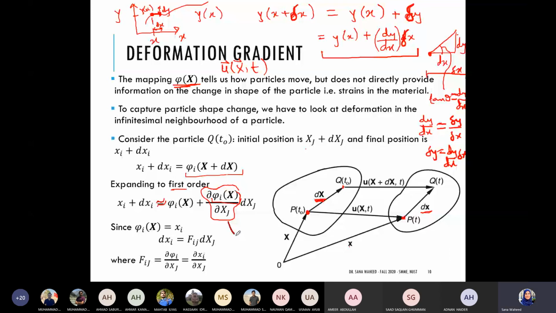And this thing I'm going to represent as this new Fij, I'll discuss what it is.